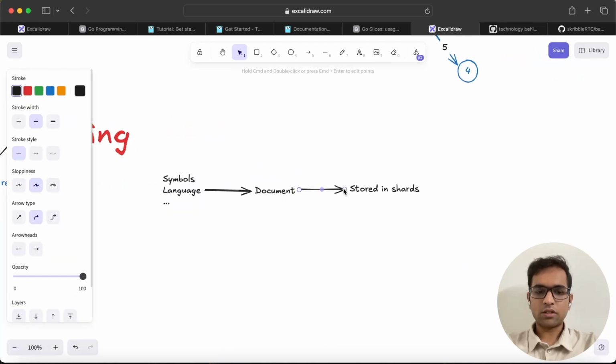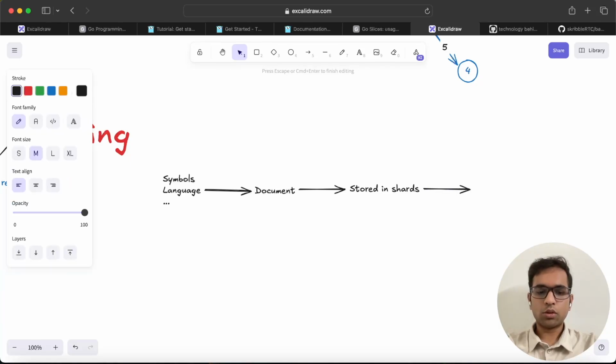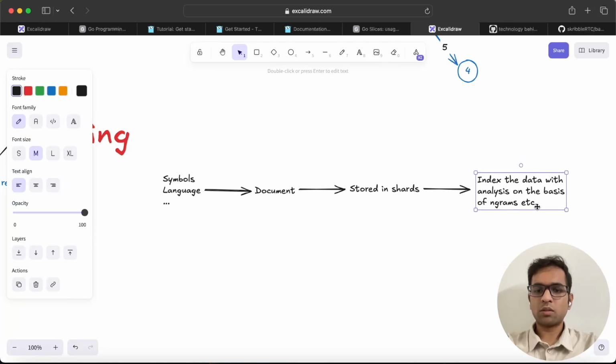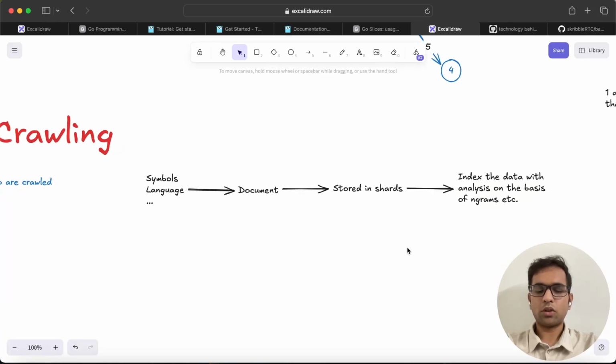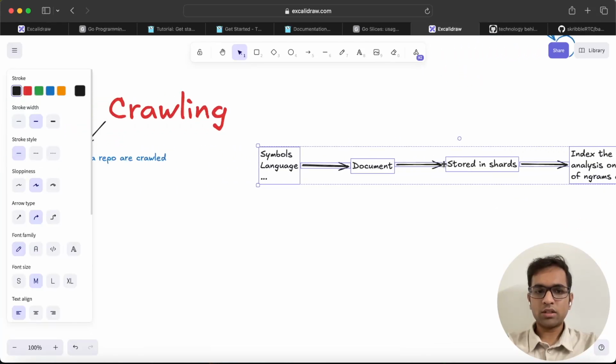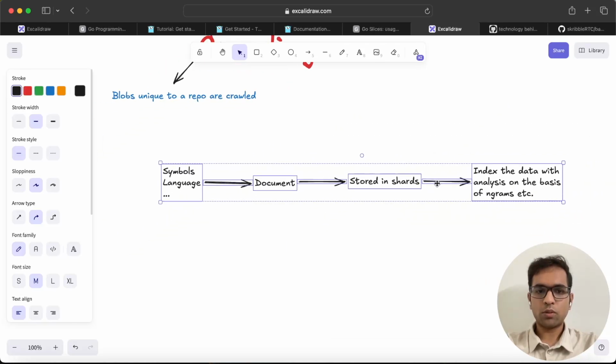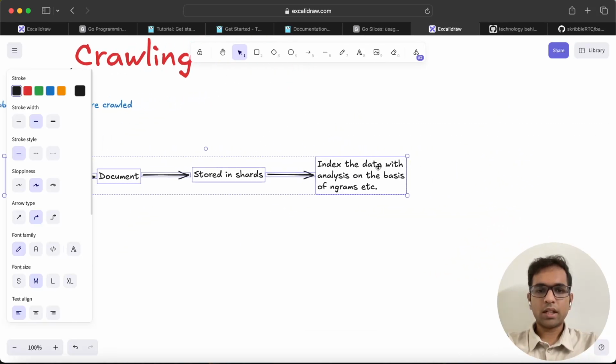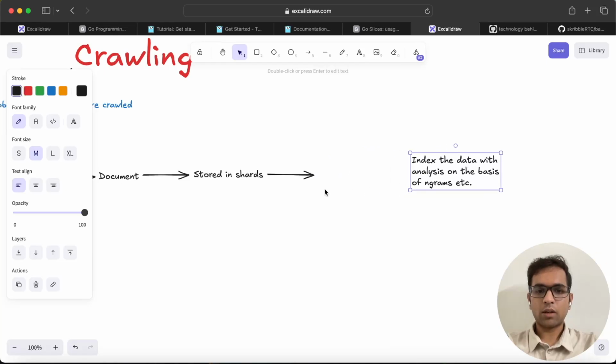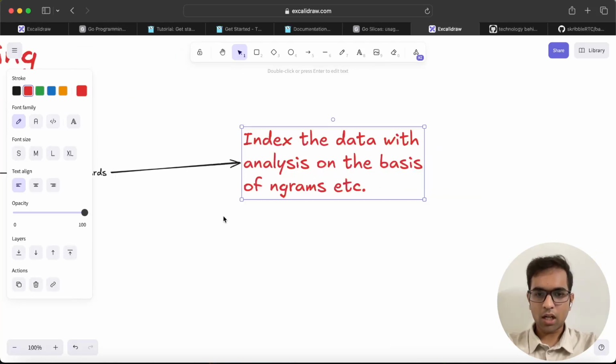Once the data is stored in shards, they will now index the data with analysis on the basis of n-grams, etc. Right, n-grams are important, but there will be some other analysis as well, like analyzing the symbols. So how is this indexing done? What is more important is how the data is indexed on the basis of n-grams. How are these n-grams analyzed?